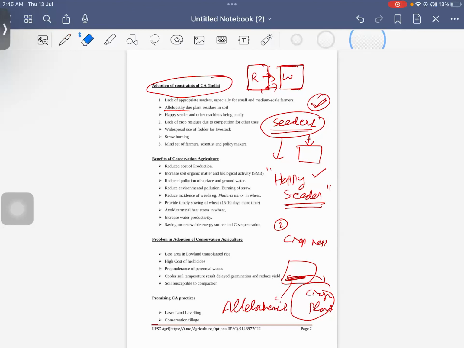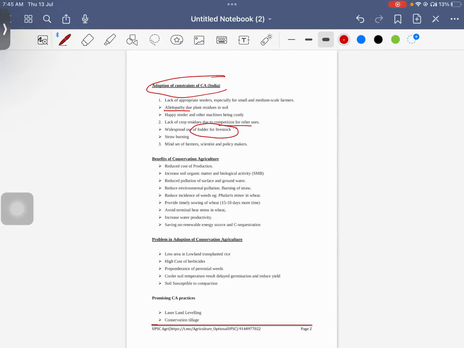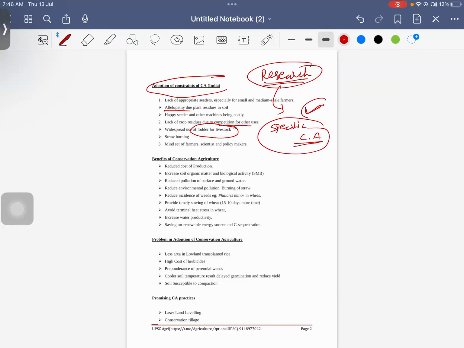Okay, so this is like an issue with respect to conservation agriculture, and also the crop residues which we used to use for fodder or livestock, so that is an issue, and also the research on this is limited. We also have presently some specific varieties for conservation agriculture which are used.